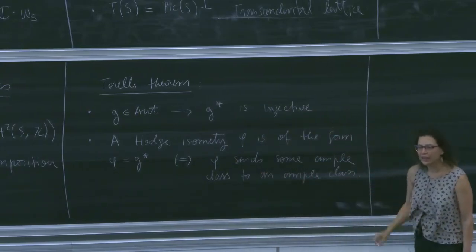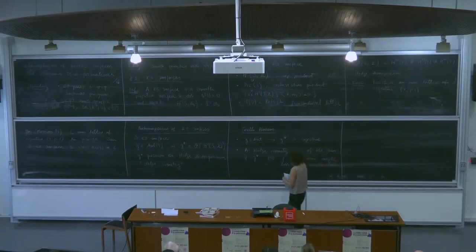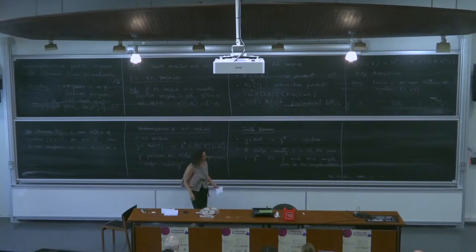So it will preserve the ample cone. What I'm trying to say is that you just have to check it on one ample class. This is equivalent to saying that it sends the ample cone to the ample cone. Okay, so this is good.